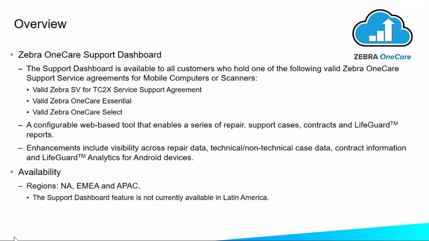It's a configurable web-based tool that will enable a series of reports around repair, tech support cases, service contracts, and lifeguard analytics. This dashboard is going to be available in North America, EMEA, and Asia Pac. Latin America, we believe, is coming sometime in 2019.